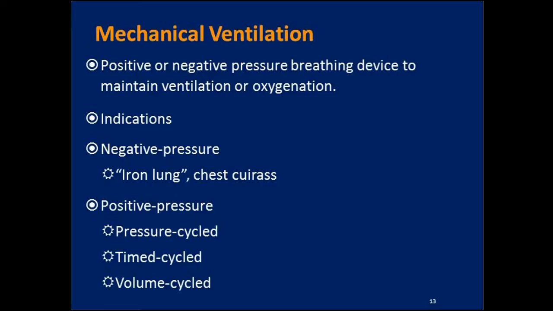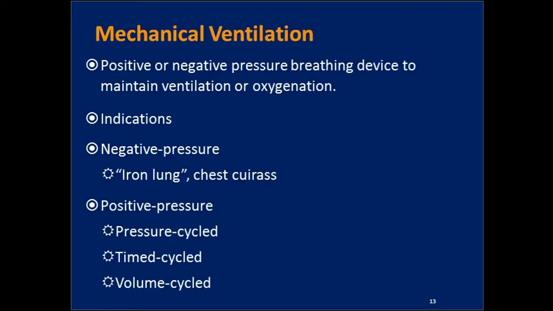Mechanical ventilation can be positive or negative pressure. The most common thing you're going to see in the hospital is positive pressure. Usually negative pressure, that's an old way. It's called the iron lung. Negative pressure is not good for acute illness, meaning in the hospital with a quick onset type thing.